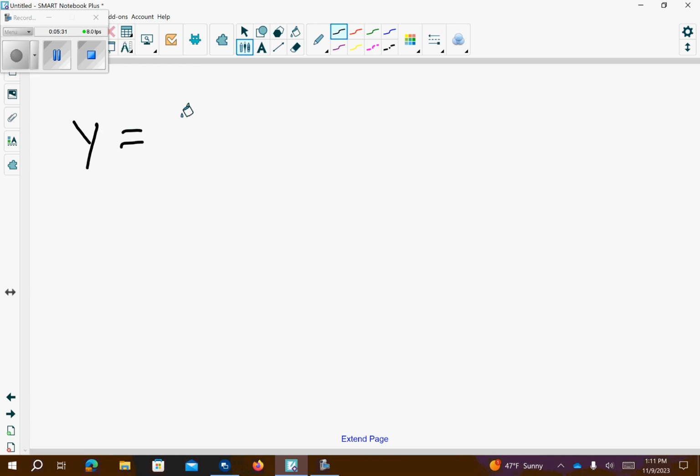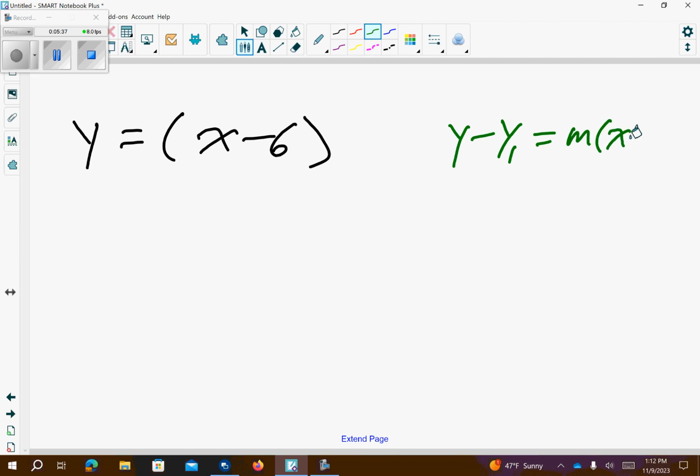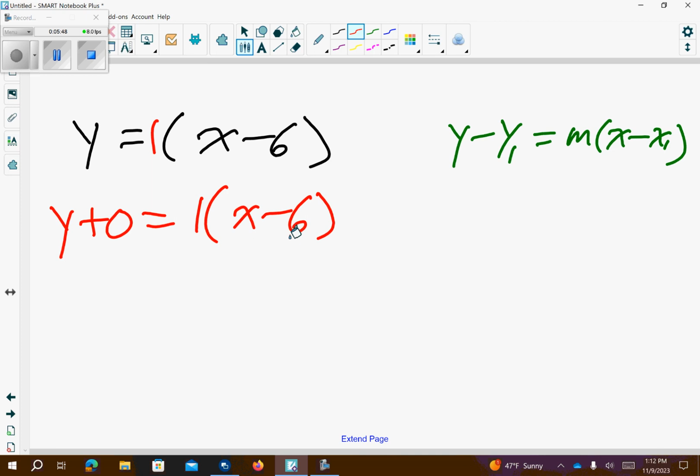My next problem looks like this. So this is set up to be like this type of problem. But it doesn't look exactly like it. A few things I want to add. I want to go y plus 0 and then put a 1 out front. Okay, these are the same equation.